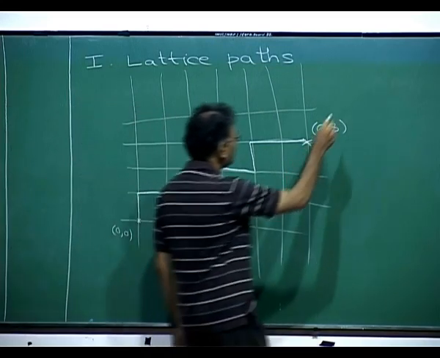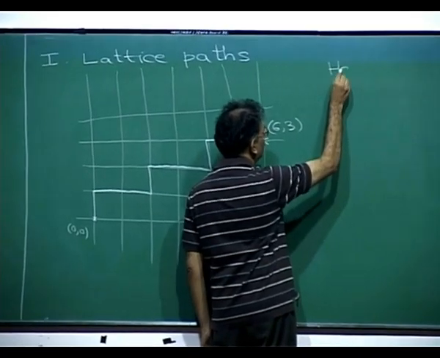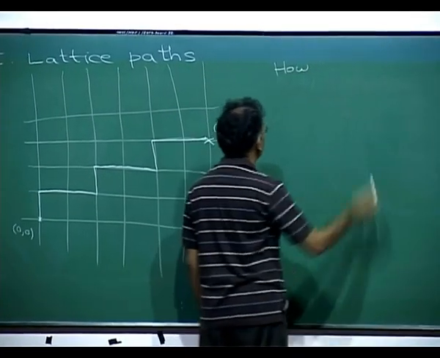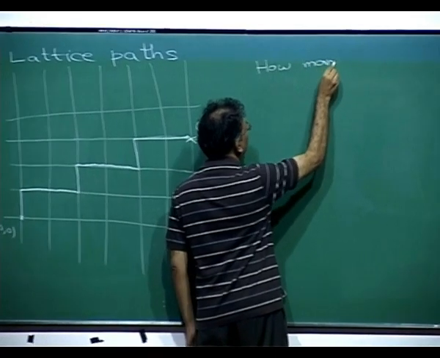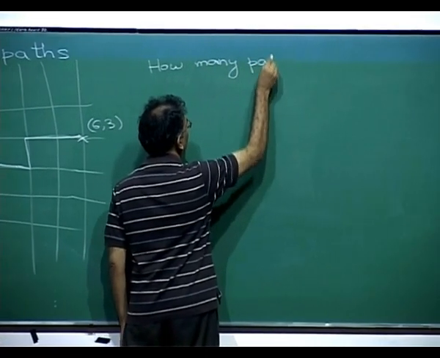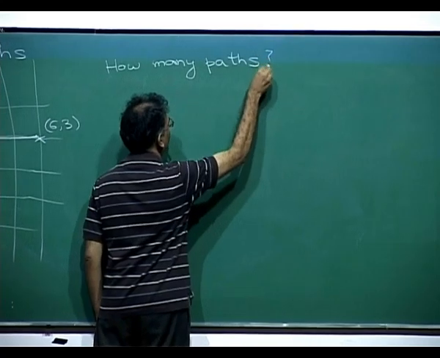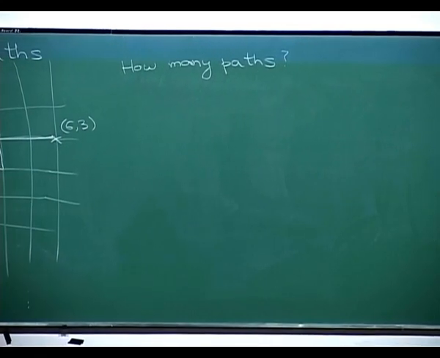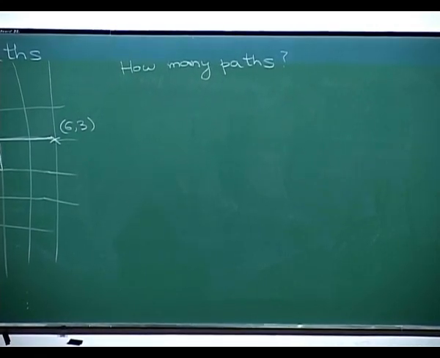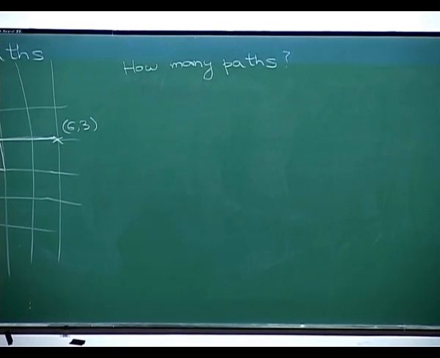This is a very basic problem. I am sure you have also seen this in your textbooks as an application of binomial coefficients. So in order to answer this question, we encode these paths. We represent each of these paths just as I said, up, right, right, up.